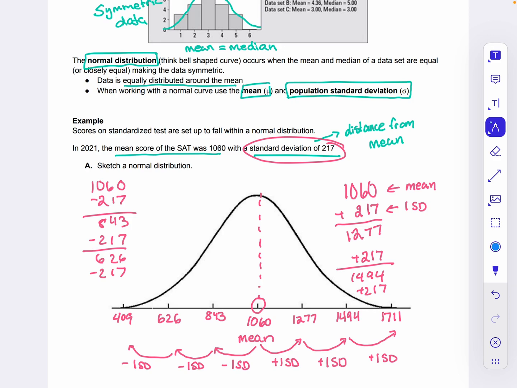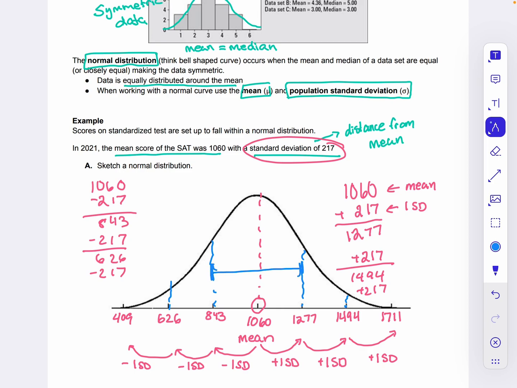Now, we can actually break down that empirical rule a little more to help us make some predictions about what chunk of the data should fall in certain ranges. And so what sometimes you'll see people do is on their normal curve, they like to add in little lines where each standard deviation falls. And so we're told that 68% of the data is between one standard deviation away.